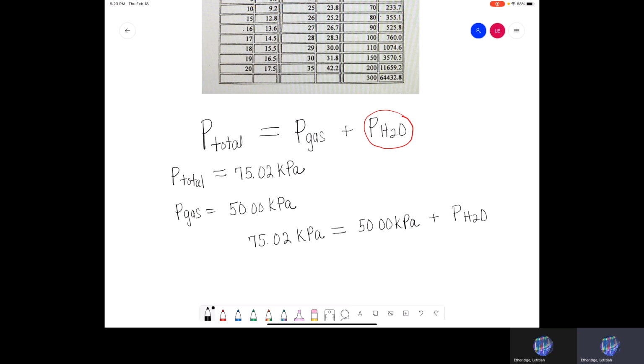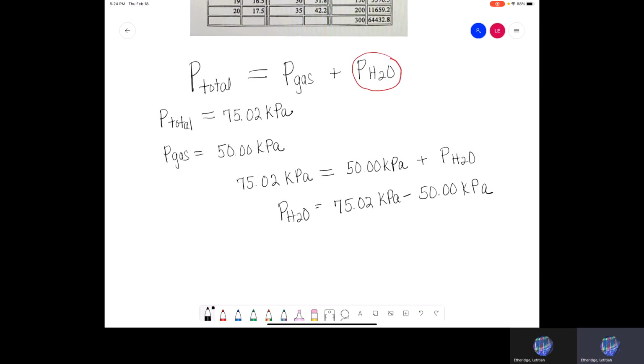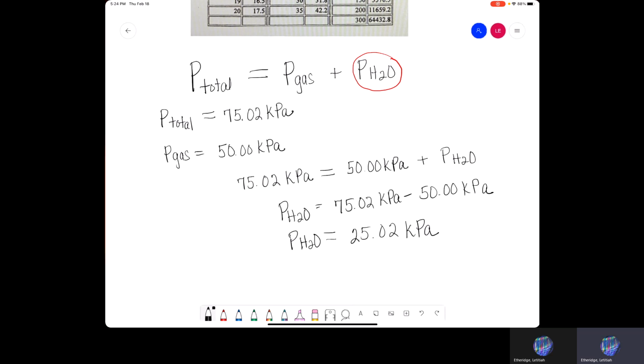That's what I'm trying to figure out. So if we were to rearrange this equation algebraically, you would have to take 75.02 kilopascal and subtract 50 kilopascal, and that will give you the answer. So as long as you can subtract, the number that you're going to get is 25.05 kilopascal. Okay, so that is the partial pressure of our water right here.